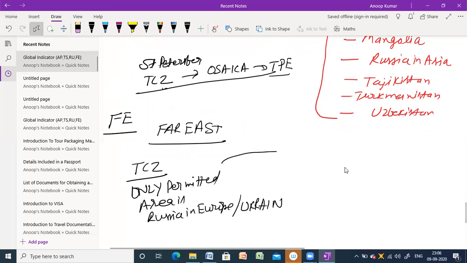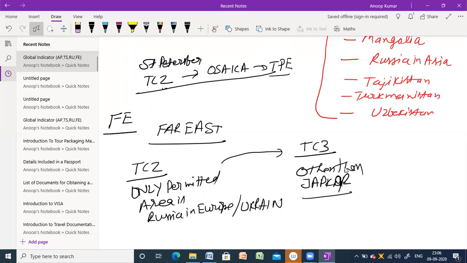Then it must go to TC3 other than JAPCOR. The flight should not go to JAPCOR first. It should be another area apart from JAPCOR. Then after landing other than JAPCOR, it may go to JAPCOR also. What does it mean?